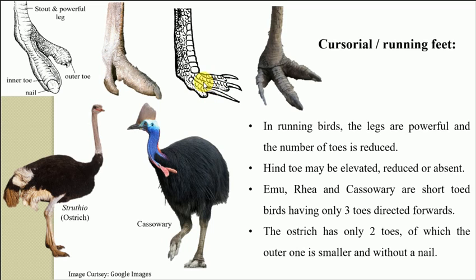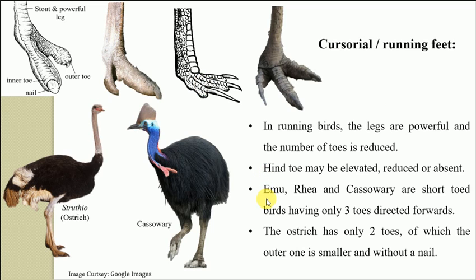Generally, if you see the feet of birds, they are provided with 4 toes or 4 digits. But here, instead of 4 toes, only either 2 or 3 toes can be found in the running feet. Then the hind toe may be elevated, reduced, or even absent.